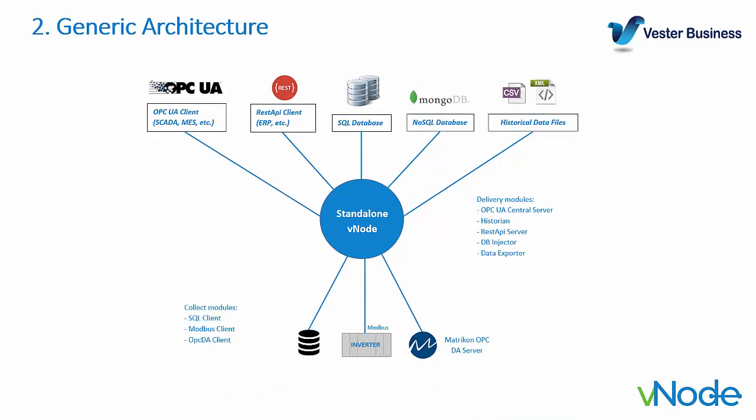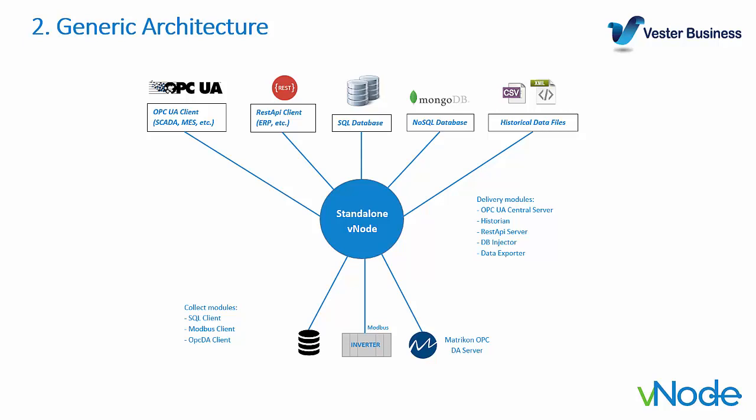Of course, vNode can also work as a standalone. In this case, we again have an SQL Client module to get data from our database, the Modbus client to collect the data from the Modbus device, and the DA client module to collect the data from the OPC DA server.